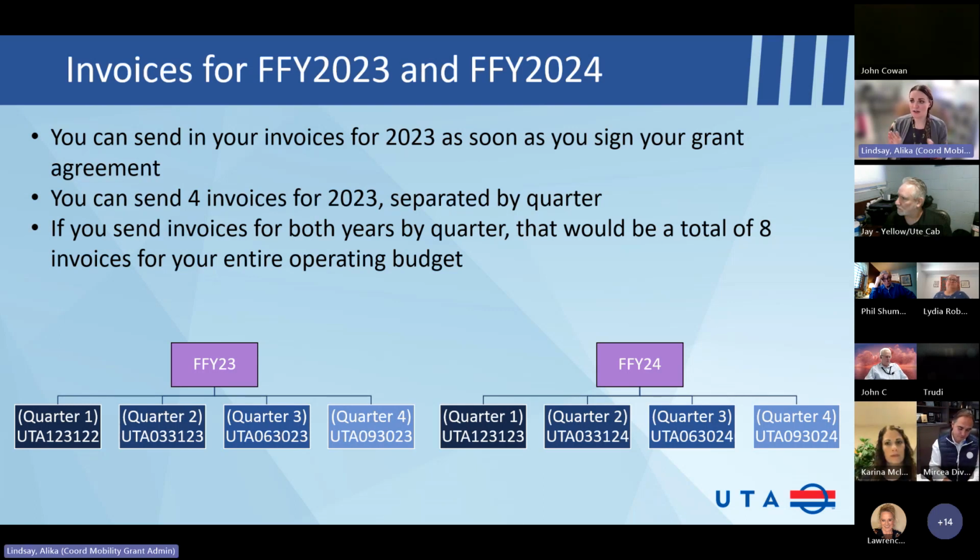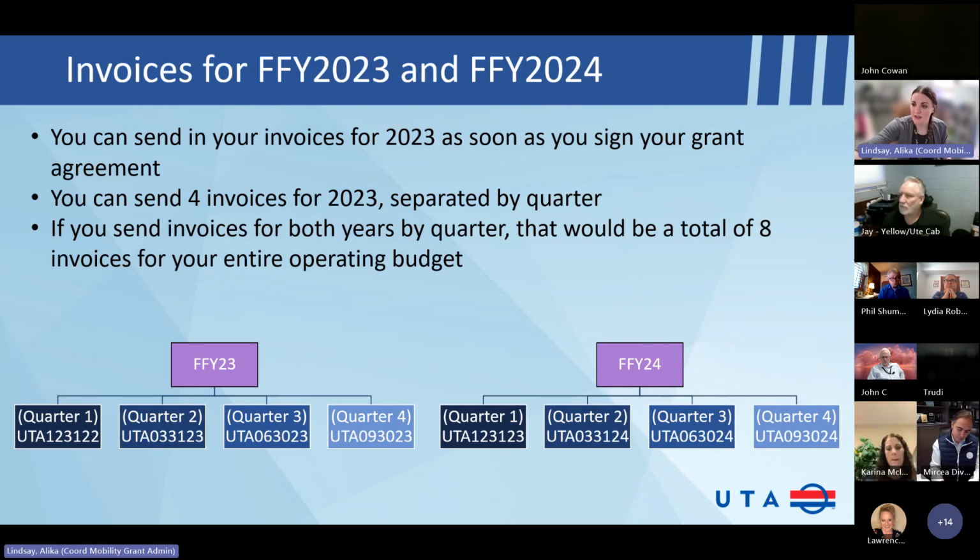But you can send in your invoices for 2023 as soon as you sign your grant agreement, right? So here's an example of what that would look like. If you're familiar with how we do the invoice numbers, I used UTA as an example and put the end of the quarter because that's how we label them in Zoom grants.